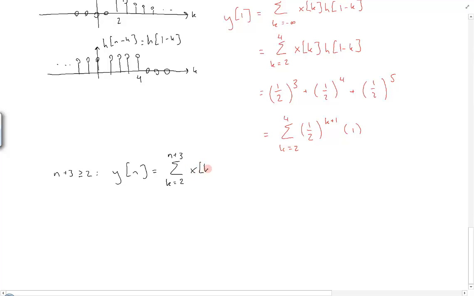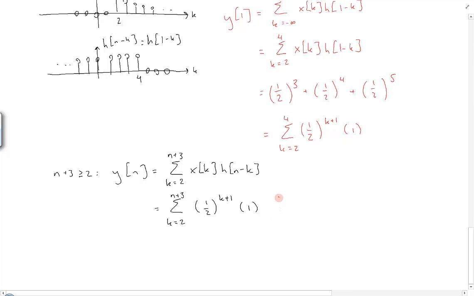And it's going to be x of k times h of n minus k. So in this case, that's going to be from k equals 2 to n plus 3. x of k is defined as 1/2 to the k plus 1. h of n minus k is always going to be just 1.